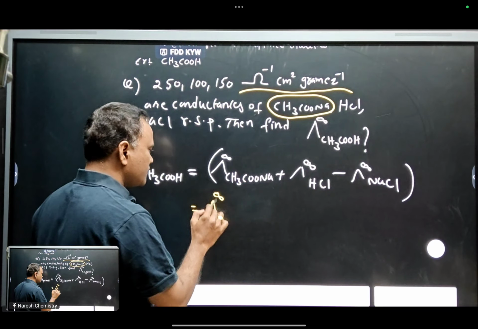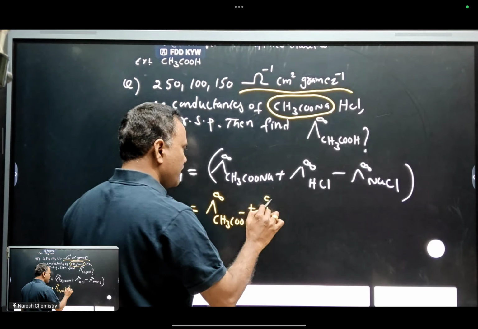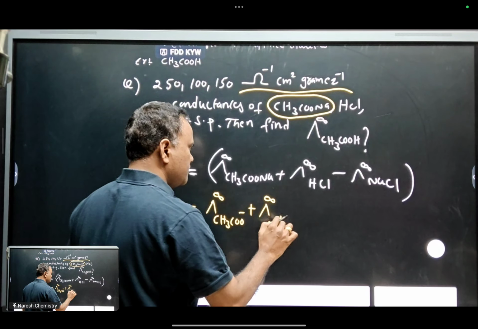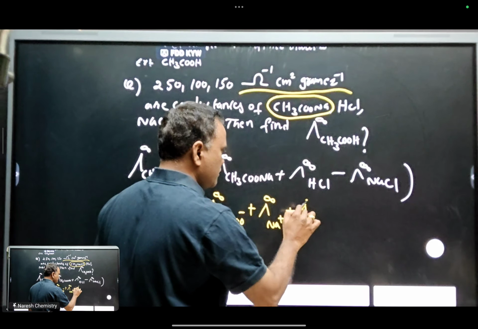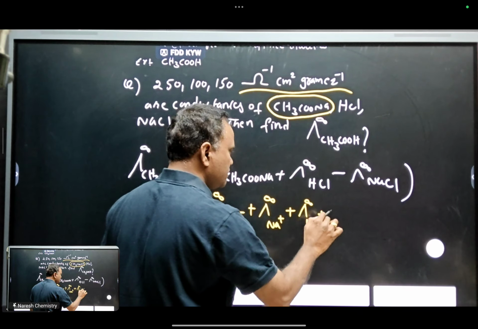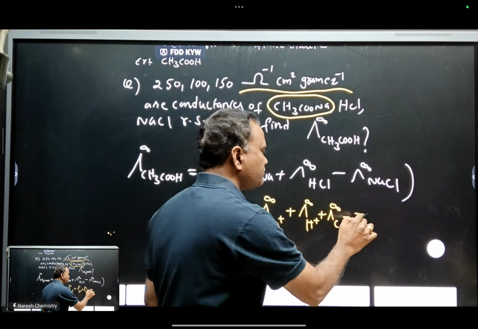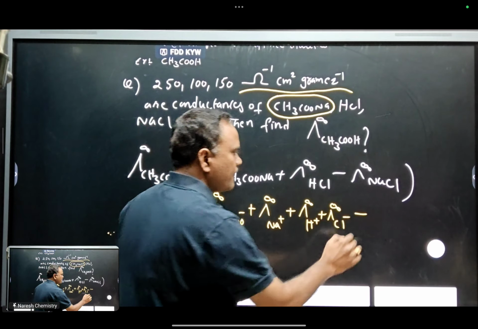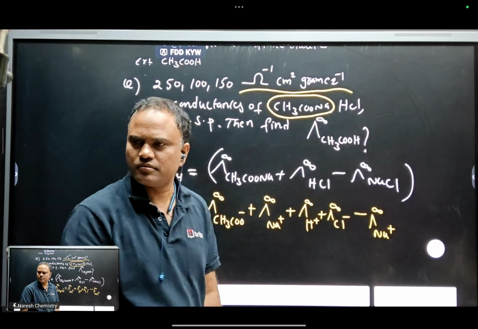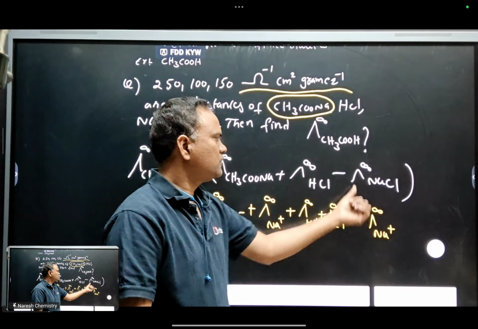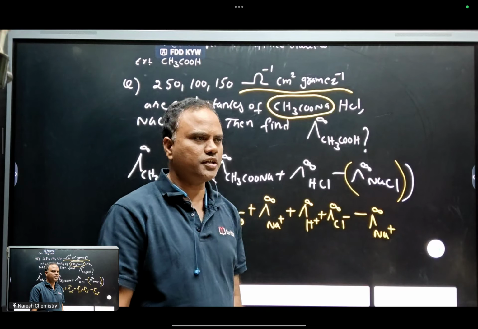Lambda infinity of CH3COO negative plus lambda infinity of Na plus. Next, lambda HCl, dissociate this: lambda infinity H plus plus lambda infinity Cl minus. What about this? Minus lambda infinity Na plus and lambda infinity Cl minus. Minus is there, total minus, so both will get minus.